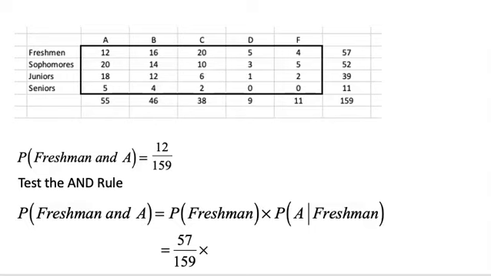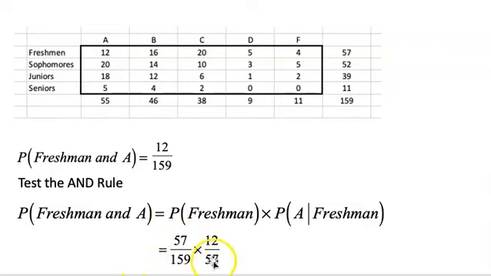Now we want the probability someone earns an A given that they're a freshman. Given that they're a freshman restricts our sample size to how many people? 57. So of those 57, how many earned A's? 12 out of those 57. So what's going to happen when we multiply these fractions together?